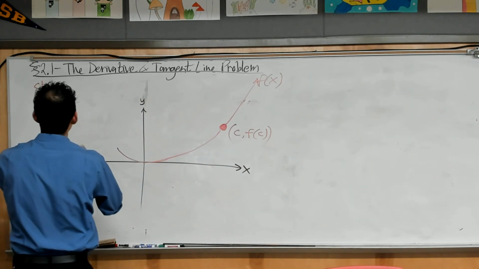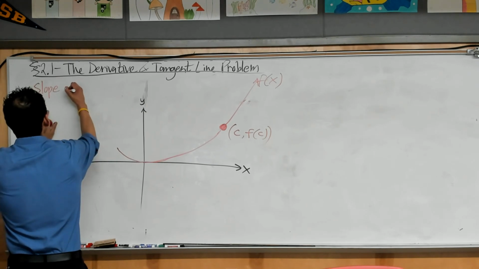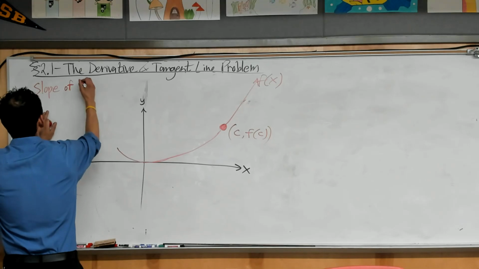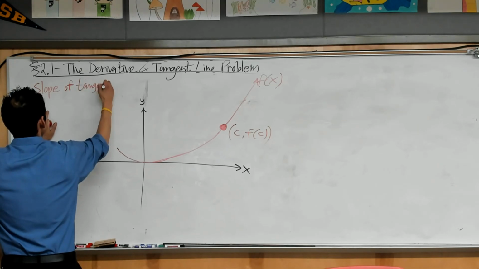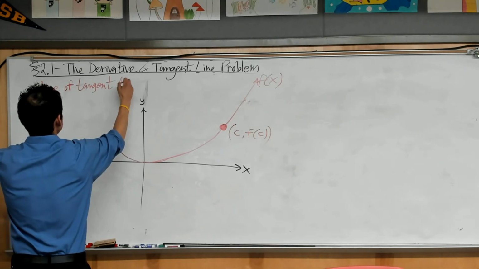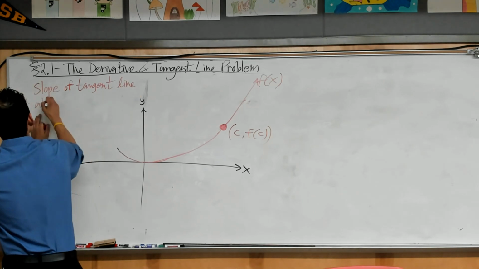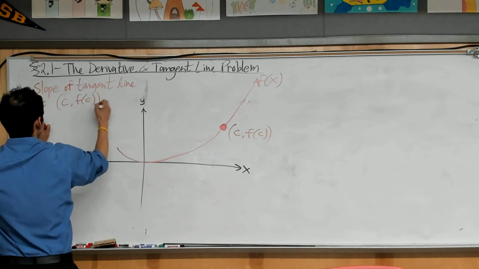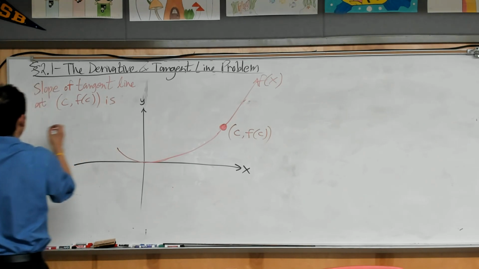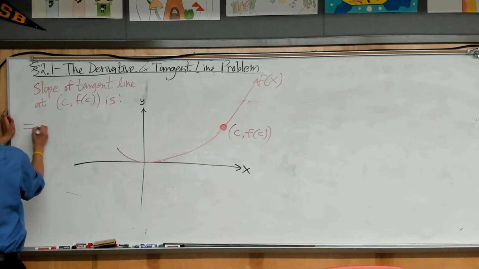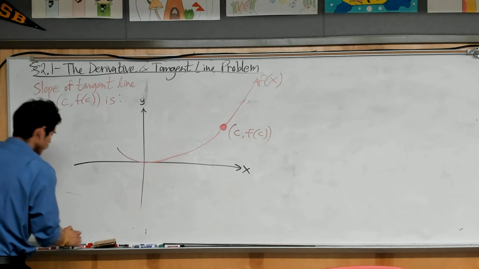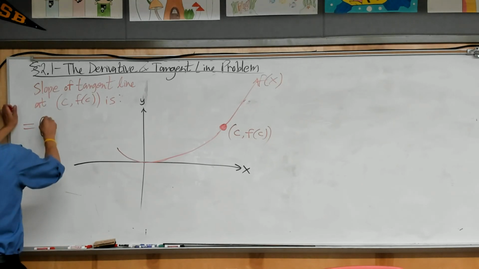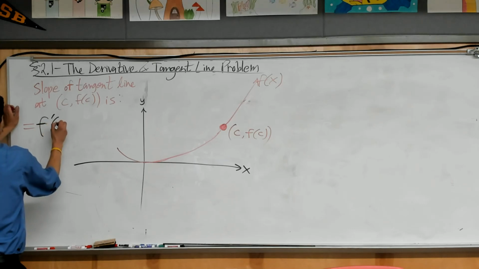The slope of the tangent line at the point C comma f of C is, so we're going to put equal to, and we use this quick notation called the derivative, f prime of x, or f prime of C.